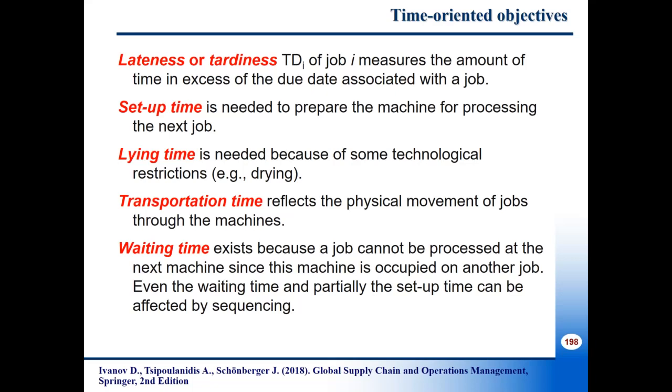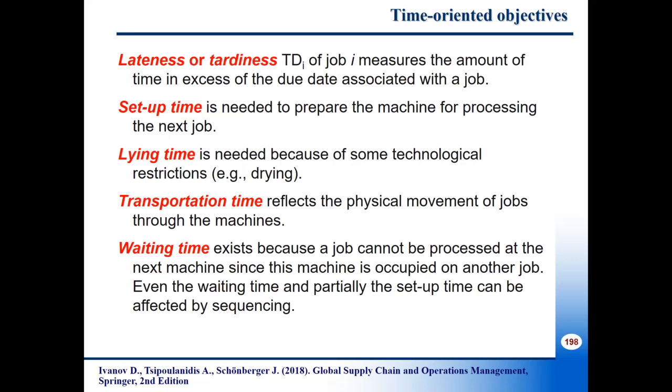First, lead time is composed of processing time, setup time, waiting time, laying time, and transportation time. Setup time is needed to prepare the machine for processing the next job. Laying time is needed because of some technology restrictions, for instance drying.